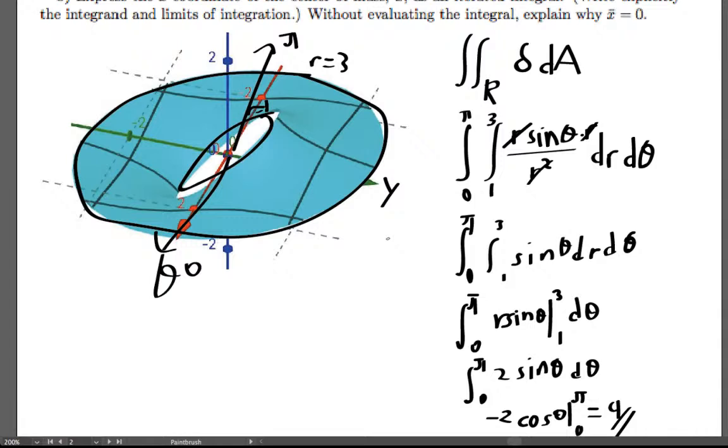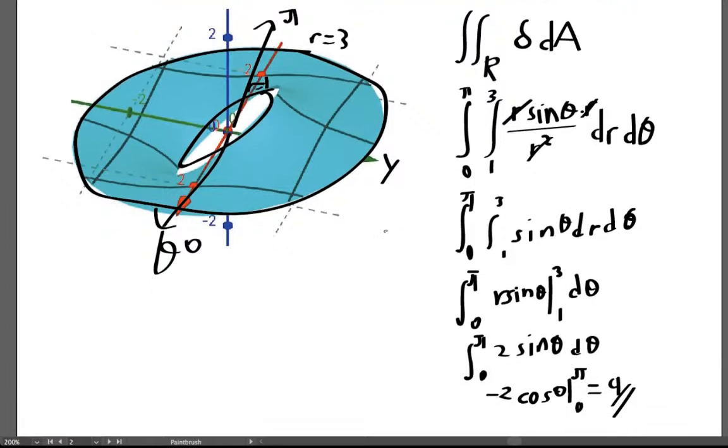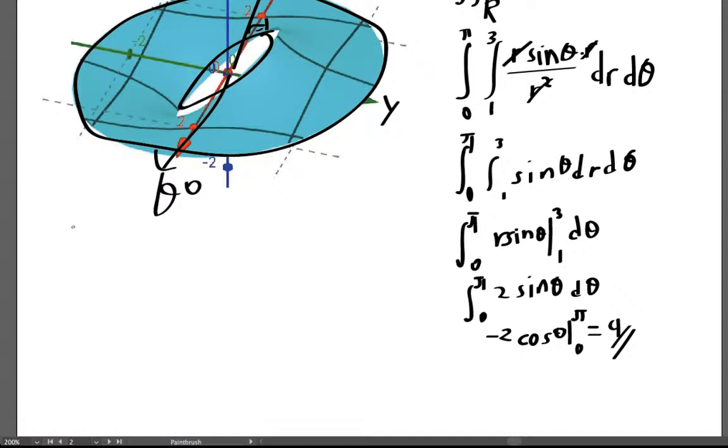The center of mass is 1 over the mass, which in this case is 4, and you do the double integral over the region of x multiplied by the density function dA.